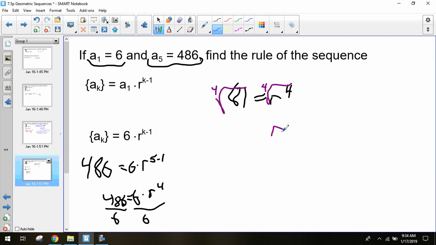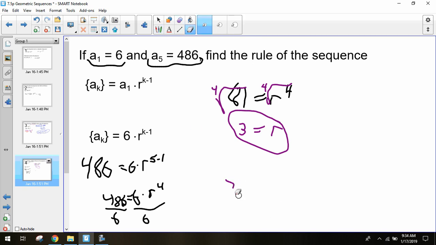Put 4 on the outside and 81 inside the radical, and that gives us our answer of 3. So r equals 3.